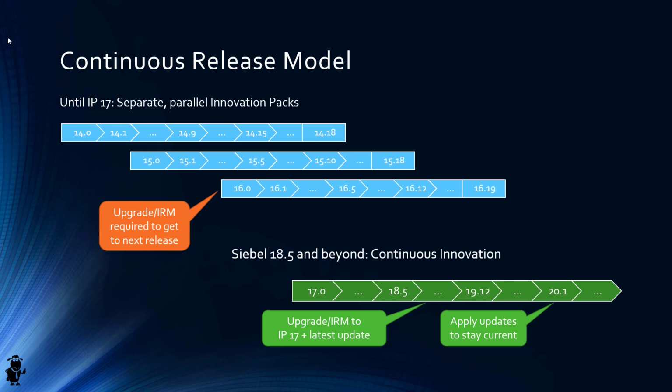And if you want to go from that version to the current Siebel 20.x, at the time of recording, this is 20.1, but it could be anything year.month later, you simply install the latest Siebel version and then run the upgrade one more time, so to speak, and then just receive monthly updates from Oracle, staying current on the release, not requiring any high effort upgrade process. So that is the current state at the time of this recording. And of course, it should be taken with a grain of salt because decisions are made outside of this presentation.